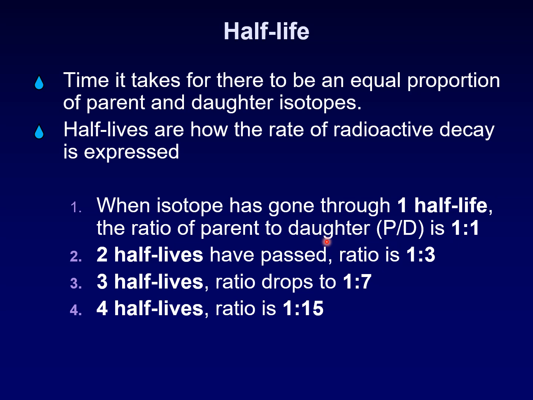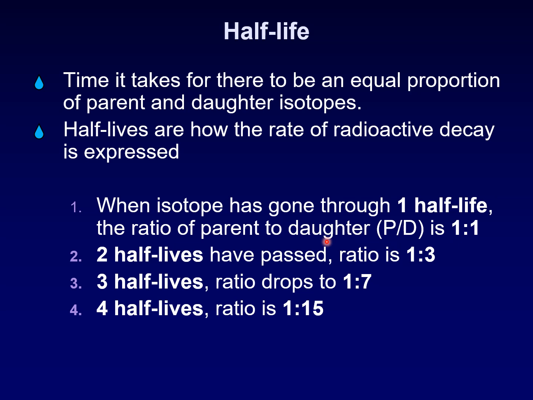So if you had all parent, no daughter, you have a ratio of 1 to 0, right? But then after half of the parent has decayed to daughter, now you have 50% parent, 50% daughter, and now your ratio is 50 to 50, or 1 to 1.